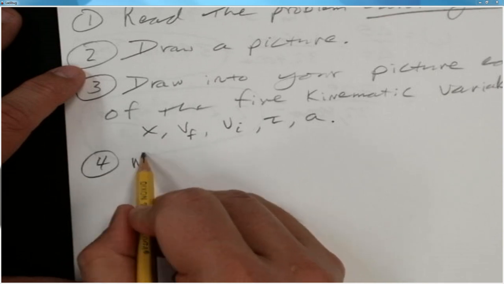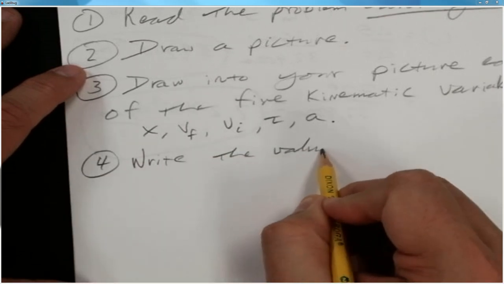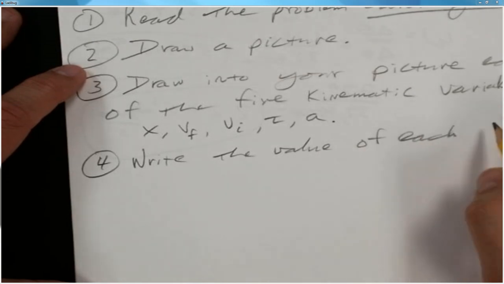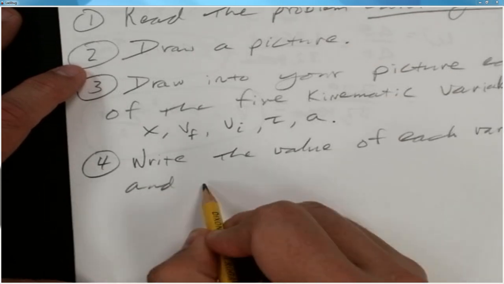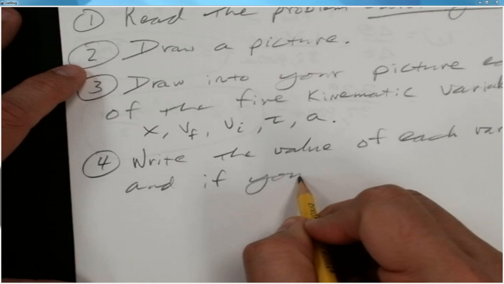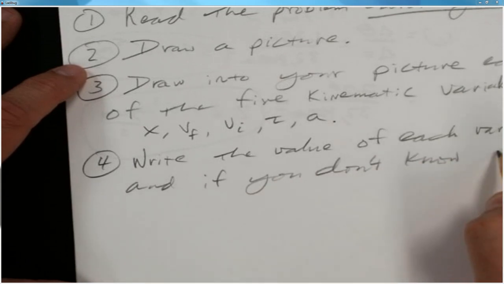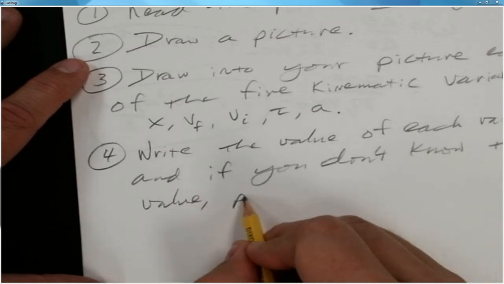Write the value of each variable. And if you don't know the value, put a question mark.